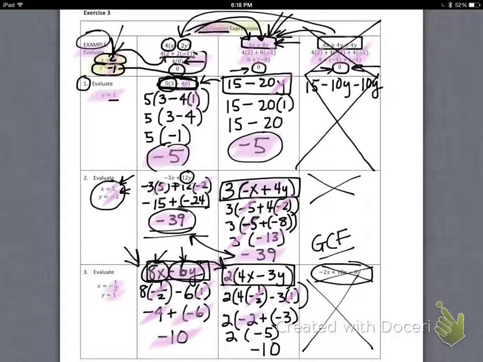That's that value, plus a -3, because that's -3 times 1. -2 plus -3 is -5. And then I go ahead and do my multiplication. 2 times -5 is -10. Okay? Lots of steps, lots of work, but well worth it in the end, don't you think? Well, I sure hope so.